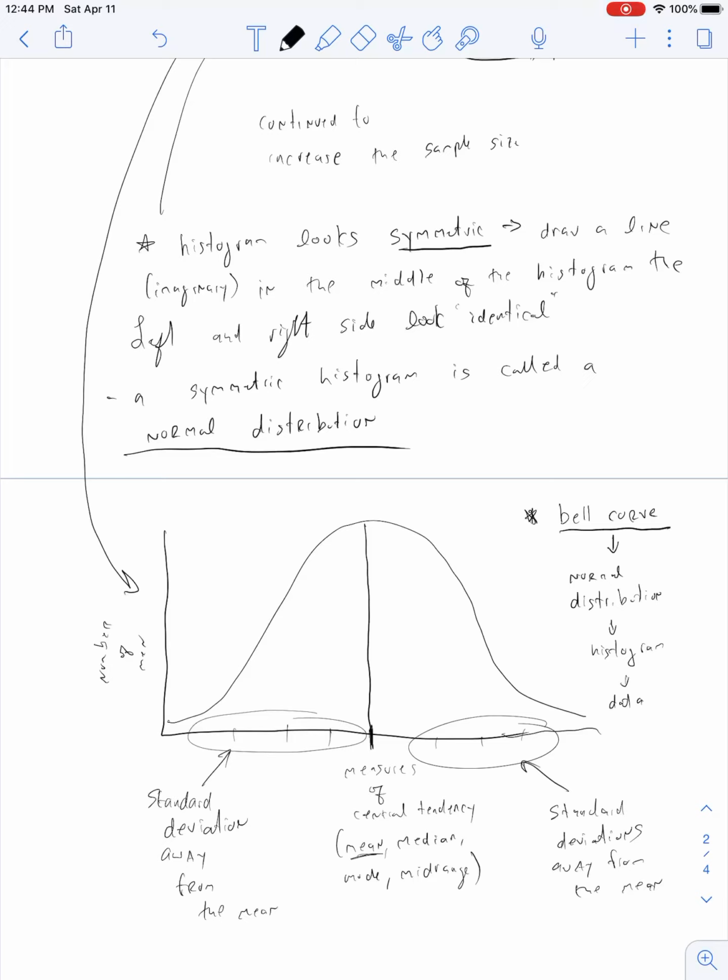So we're really putting all of these sections, 12.1, 12.2, and 12.3, together in this 12.4 section.